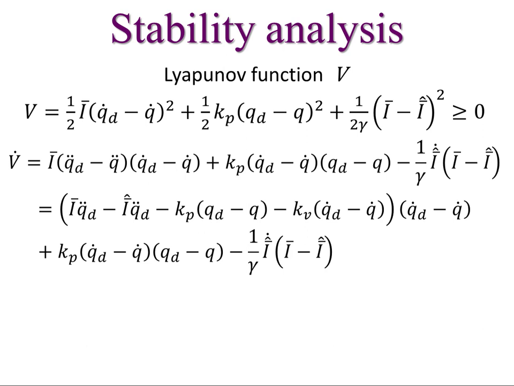The only difference from the case of the computed torque method is the I bar hat in the first parenthesis. Therefore, the term relating to the third term in the first parenthesis cancels out the second term of the overall right-side equation.